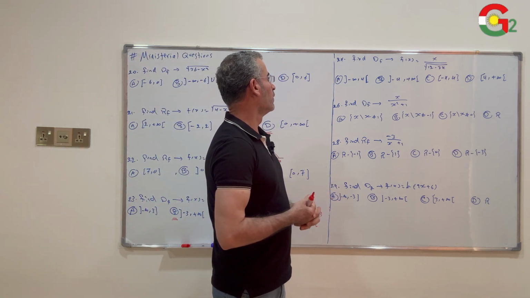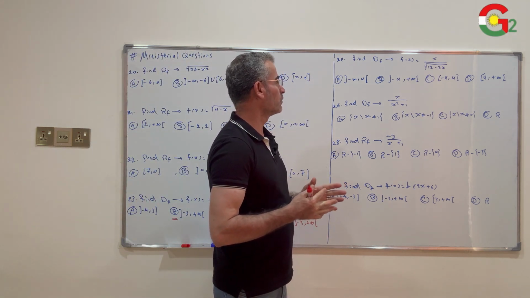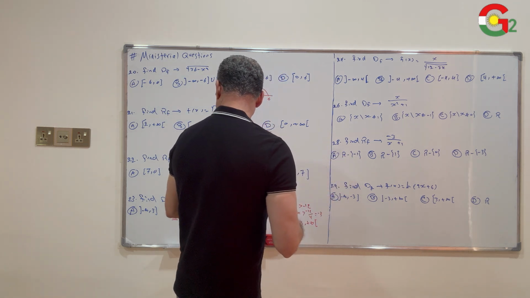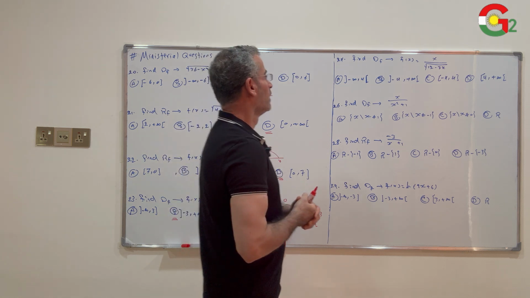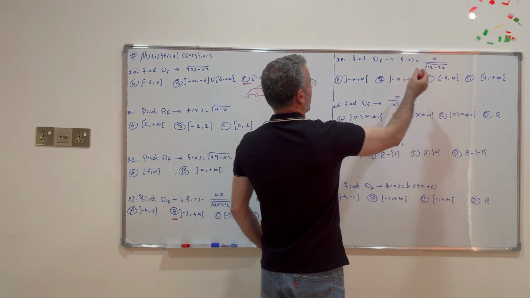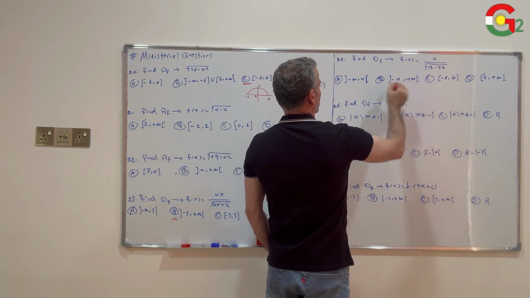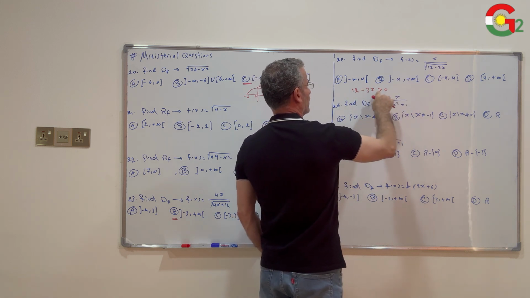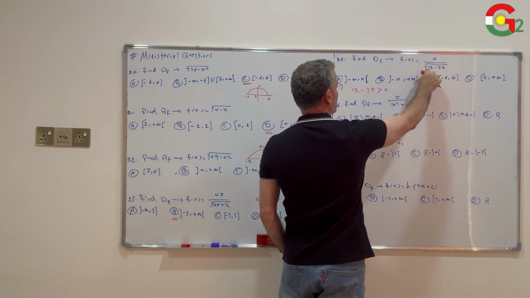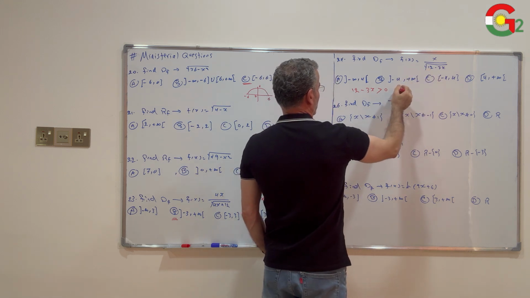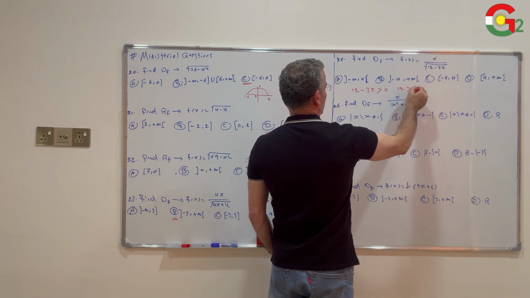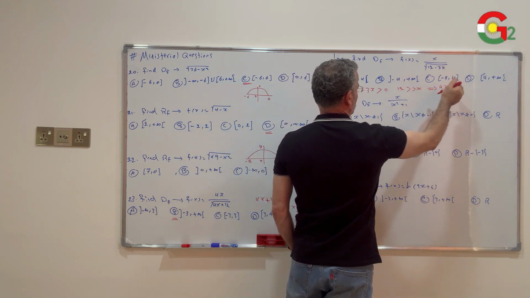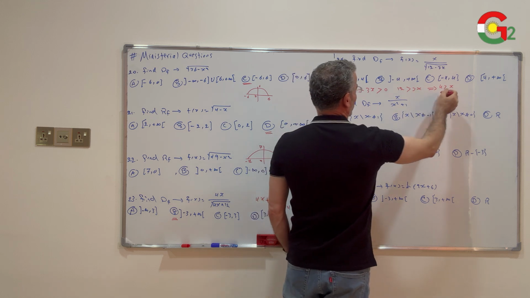24. Find the domain of the function x over square root of 12 minus 3x. It is the same as the previous one. I'll set 12 minus 3x greater than 0, not greater than or equal, since it is in the denominator. Then 12 greater than 3x, then 4 greater than x, or x less than 4.